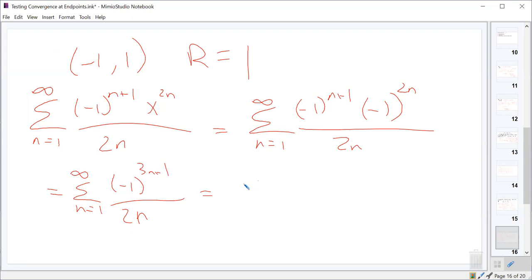So we can effectively call this the sum from n equals 1 to infinity of (-1) to the n plus 1 over 2n. It's going to keep going back and forth. We have 3 criteria for an alternating series to show whether it converges, the alternating series test.